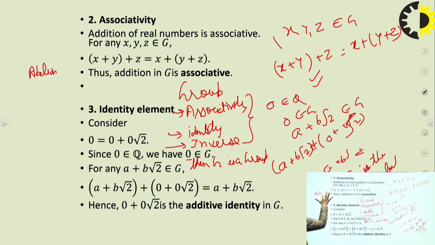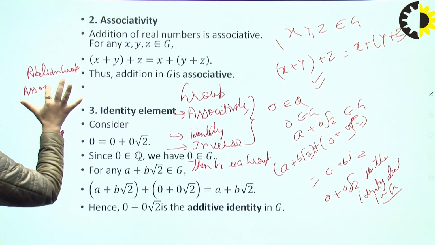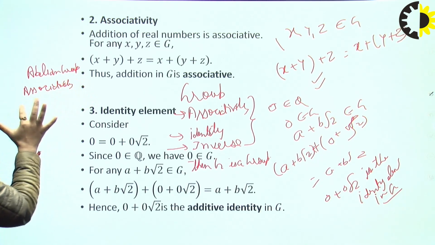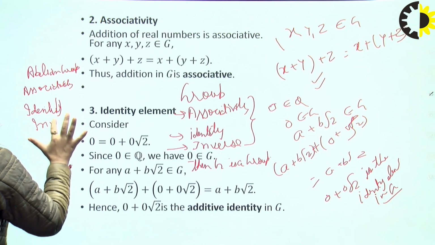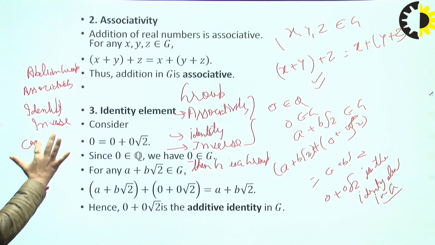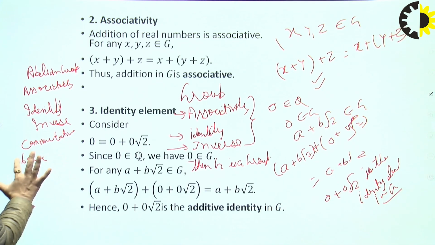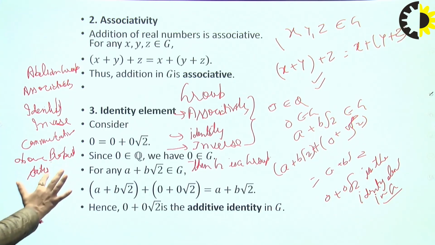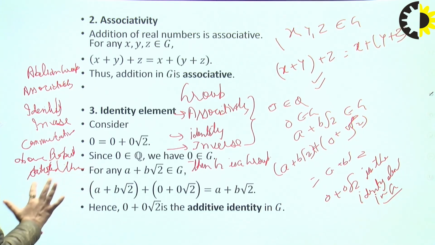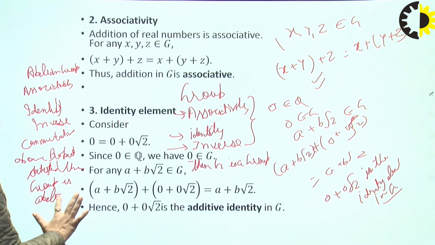Now I'm talking about an abelian group. If it is associative, has an identity, has an inverse, and is commutative, that is, if the above properties are satisfied, then the group is an abelian group.